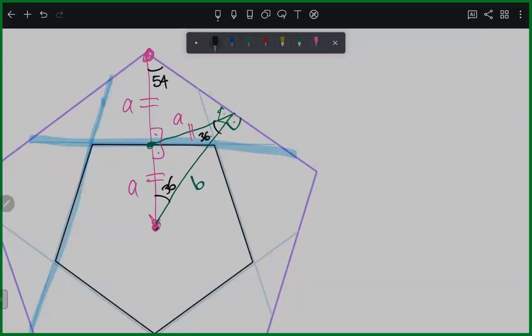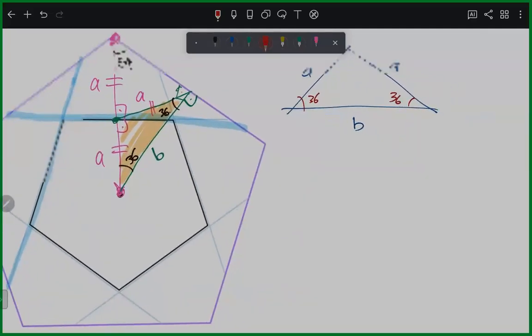Now let's focus on this little triangle and draw it separately, a little larger. This is A, this is A, this is B, this is 36, this is 36.